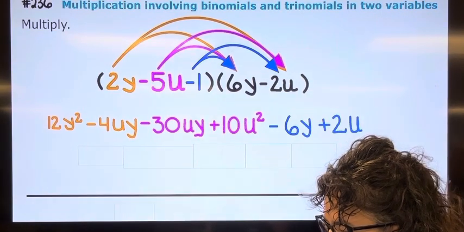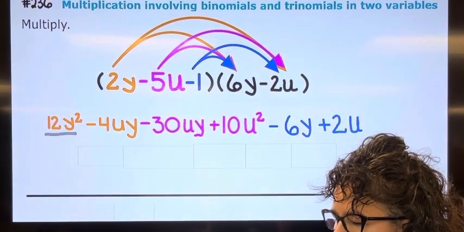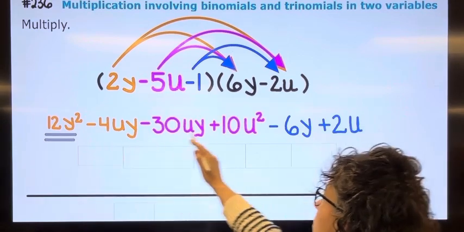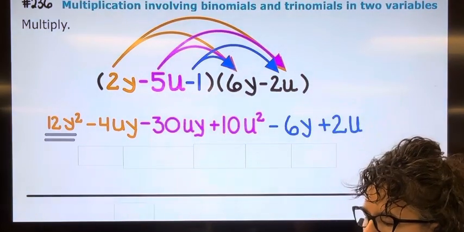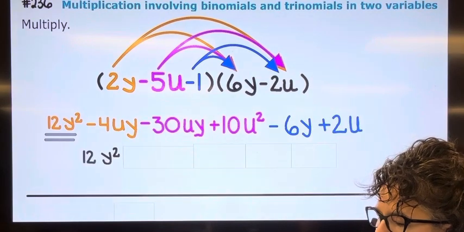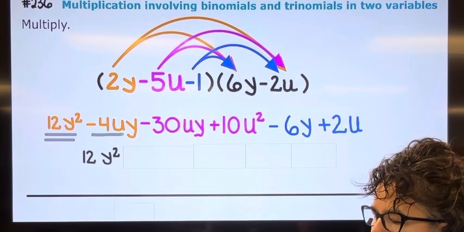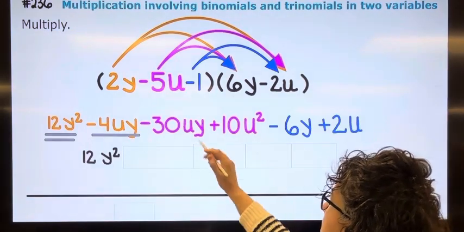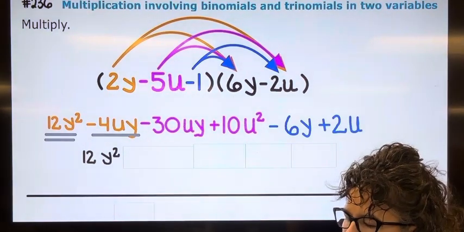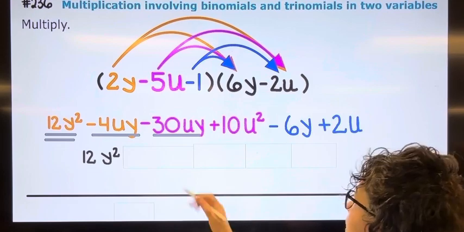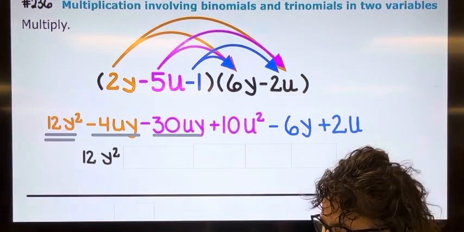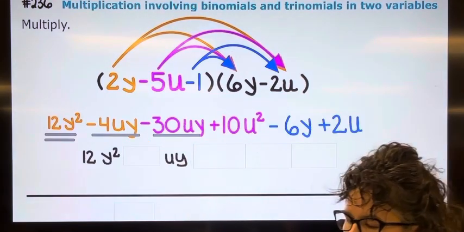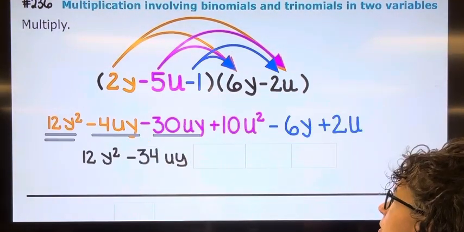Going through looking for any other y squareds. And I don't see any other y squareds. So we have 12y squareds. And then going through and looking for any other uys, and there's a uy right there, and that's it. So counting up how many uys we have, negative 4 minus 30 more makes negative 34 of those.